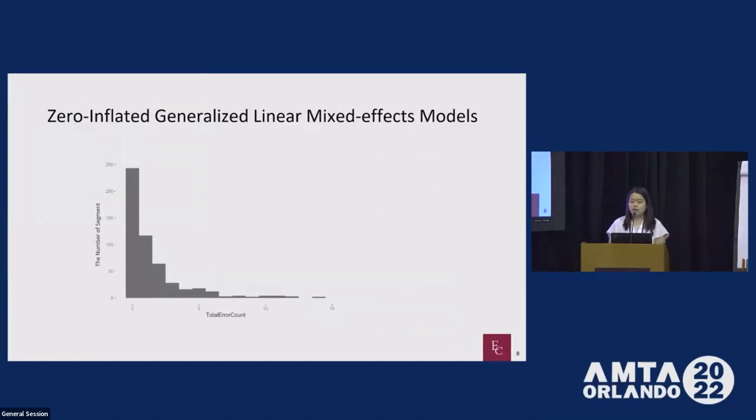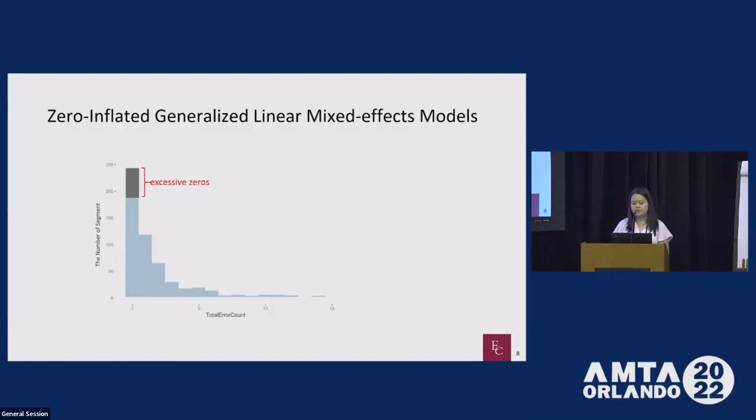So I did find a lot of errors, but there were also many segments with 0 errors. So the error distribution looked like this. Therefore, I decided to use zero-inflated generalized linear mixed effects models, ZIGLMMs. This statistical method assumes that some of the zeros belong to the other part of the distribution which contains errors, perhaps like this, and that some zeros are very unlikely to be a part of this distribution.